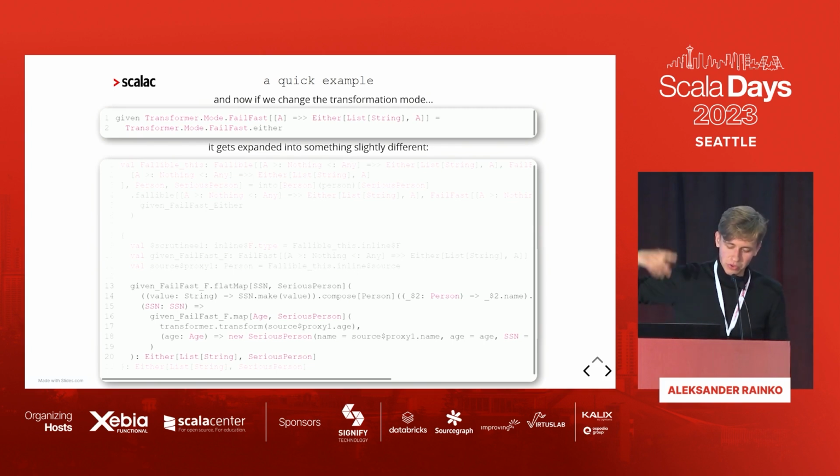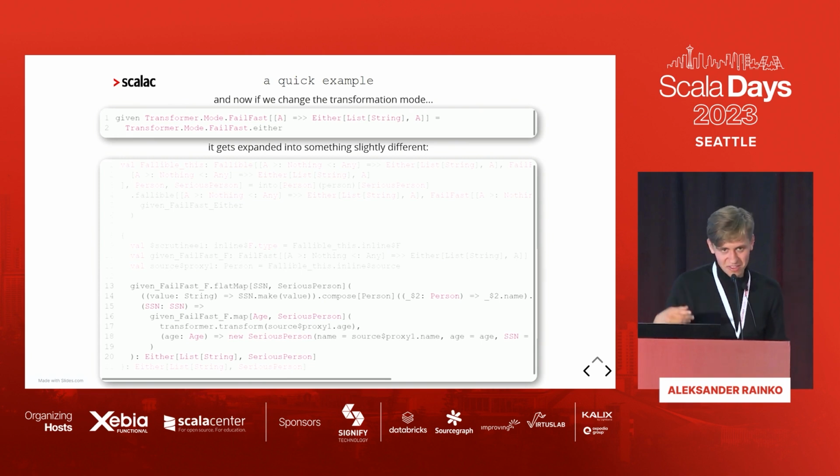So we call flatMap on each of the transformations, and then we follow that up with a map at the end to actually get the thing we want to transform into. Once again, that also returns either a list of string or serious person, but the type is kind of lying here, because it will not really show a list of string.